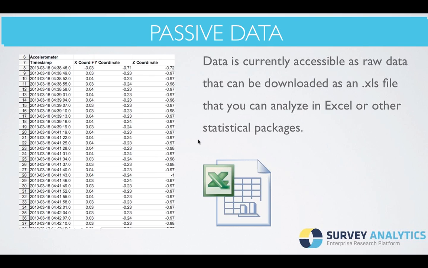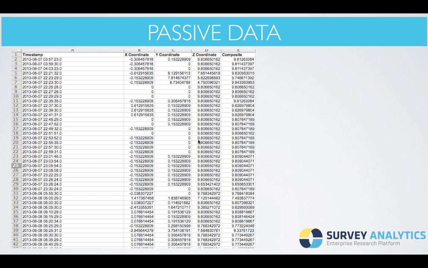Now, here's an example of the output when you would be measuring the accelerometer data. We can set up the system so the data is measured periodically, triggered by a location or the start of a survey, and of course there's a timestamp there showing what time the data was collected.